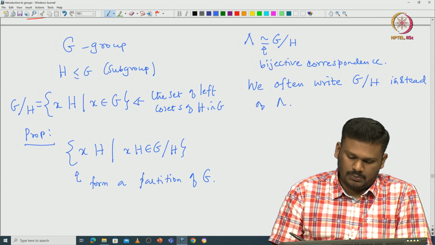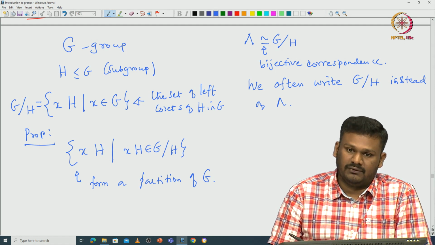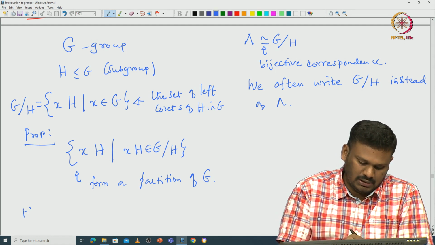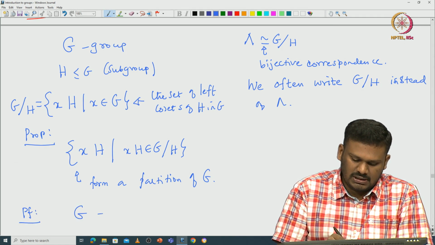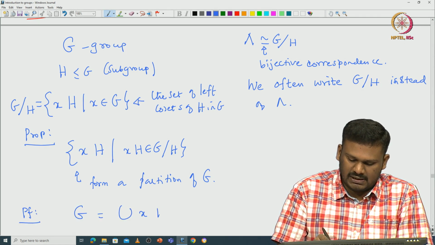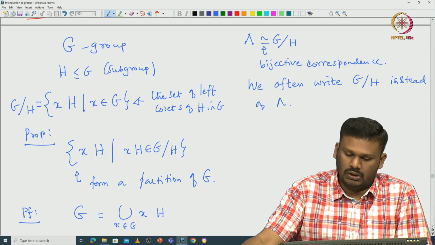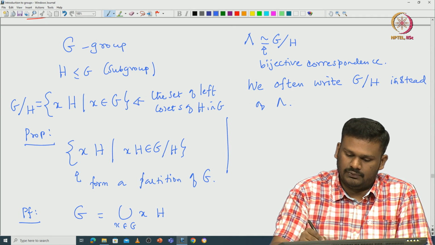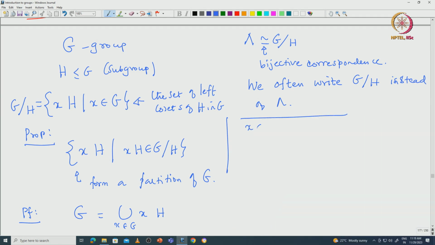So, what is the proof? It is very clear that G is actually the union of XH. Let us again recall the proof because it is a very important fact. G is obviously the union of XH, X in G. Why? Because given any X in G, if we take XH, then X must be inside XH.